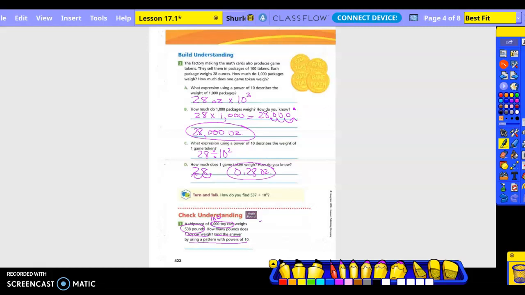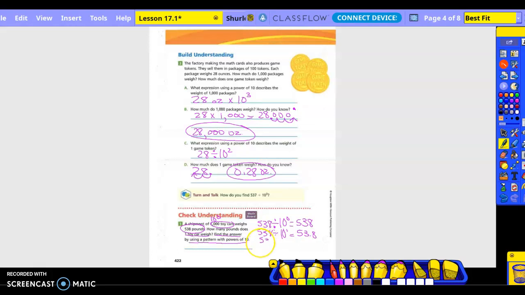So, I'd have 538 divided by 1, but what is that to a power of 10? 10 to the 0 power, which equals 538. 538 divided by 10, what is that? 10 to the first power, which equals 53 and 8 tenths, because I moved the decimal one place to the left, right?